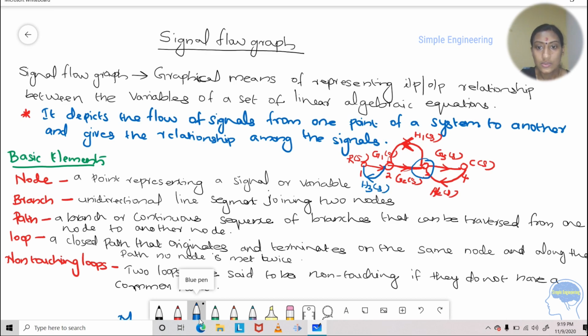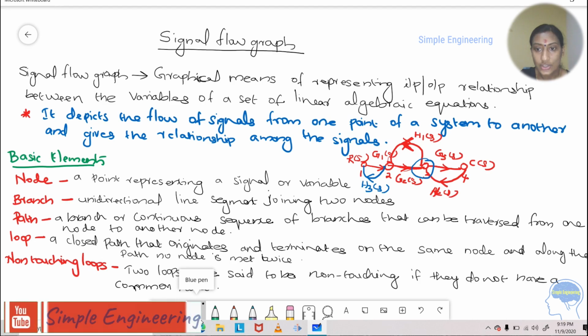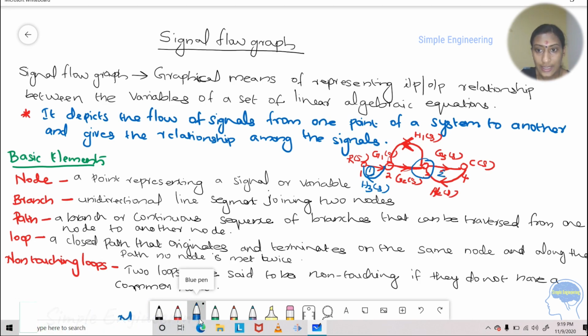So that is G1 H3 of S and G3 H2 of S. These two loops, this one first loop, this one second loop, I can tell that they are non-touching loops, because the nodes are not shared. The first loop has nodes 1 and 2, and the second loop has nodes 3 and 4. So these two loops do not share nodes. So we can tell that it is a non-touching loop.